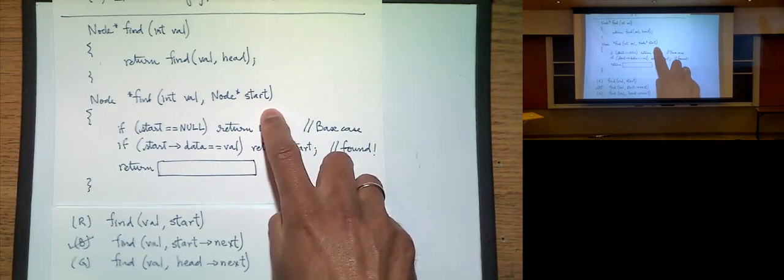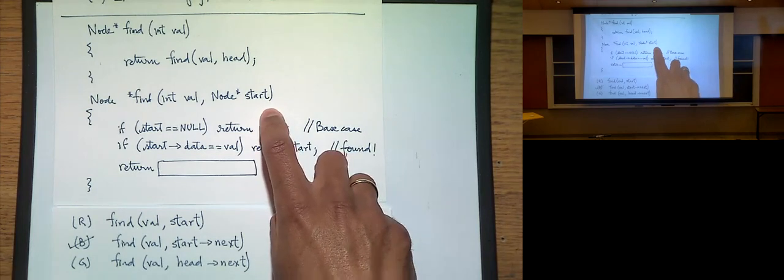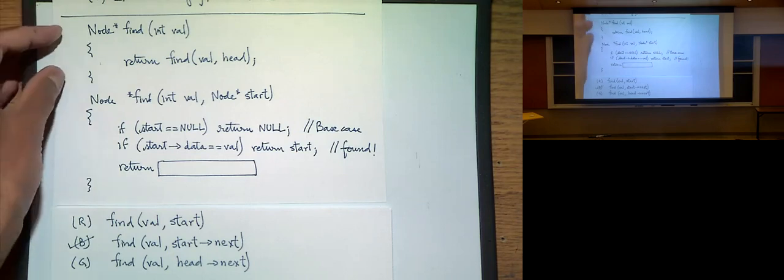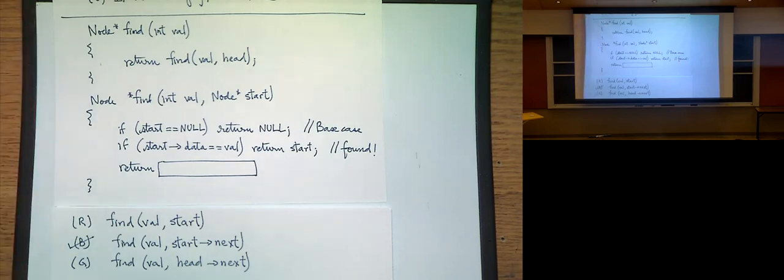Couldn't you just call the second find? You could have just one find where you would also give the head, but it's nicer to have one function that you expose to the outside world, which doesn't give the internals. Often they'll make this public and this private. That's again so that the syntax for this function looks like the syntax for the non-recursive version.